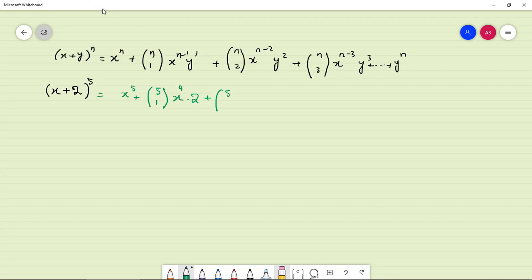So x would become x power 4 into 2, plus 5C2. This is the sign of combination. You can find 5C2 through a calculator.